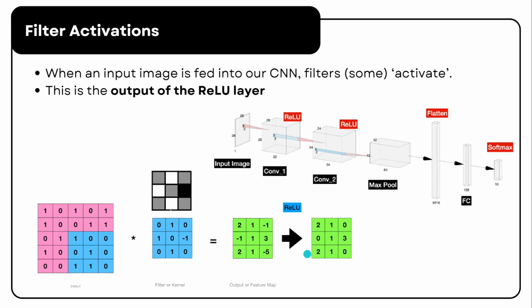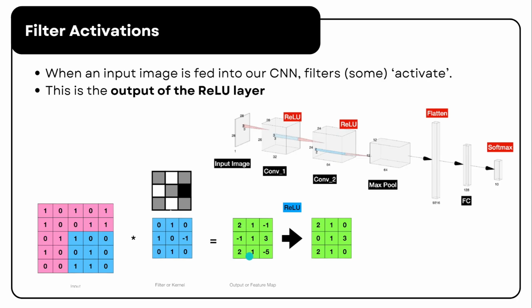There are two important visualizations you can look at. The region in the input image that causes specific filters to activate, and the actual activation maps, or feature maps, that show where and how strongly each filter responds.